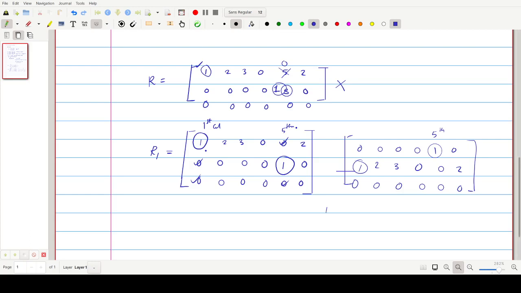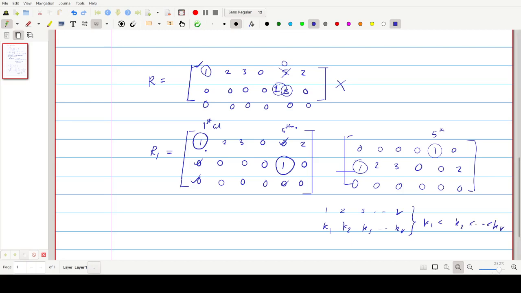then we need to name them like this: R1, R2, R3, etc., are the first r non-zero rows of this row reduced echelon matrix. The leading entry of the first row comes in the k1th column, the leading entry of the second non-zero row comes in the k2th column, and the k3th column, etc., up to the krth column, and we should have k1 less than k2 less than etc. less than kr, okay.